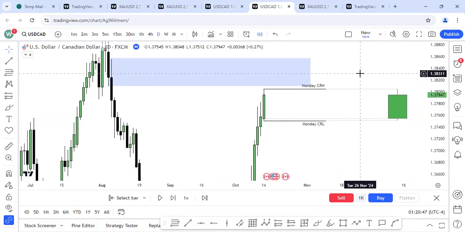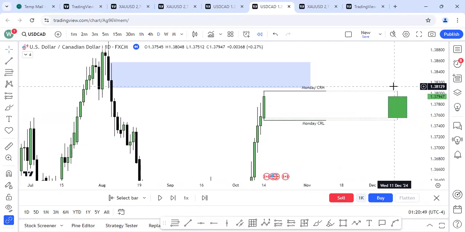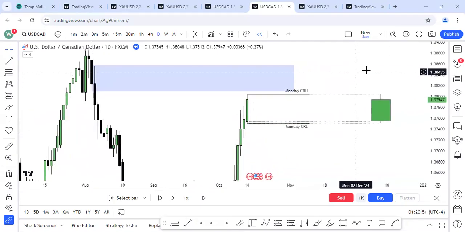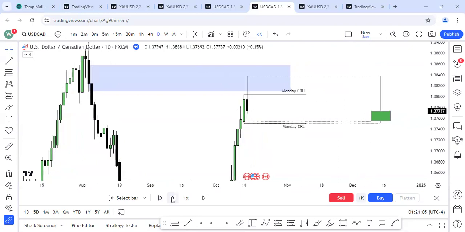Now let's play the bar, so we can see what the Tuesday candle really did. Let's go for it.